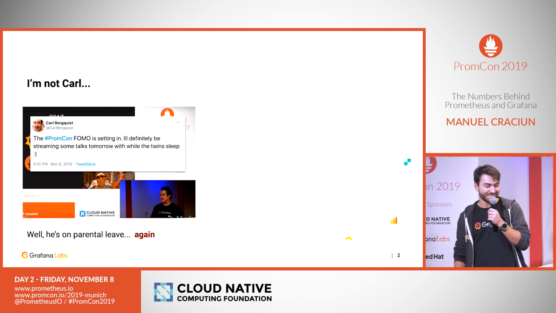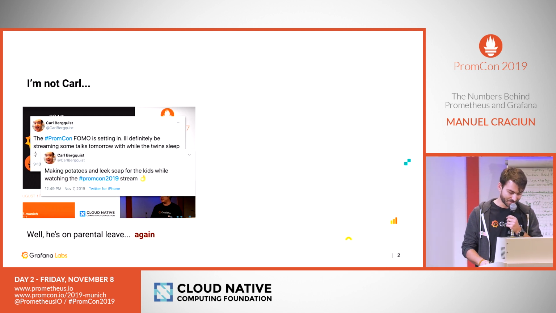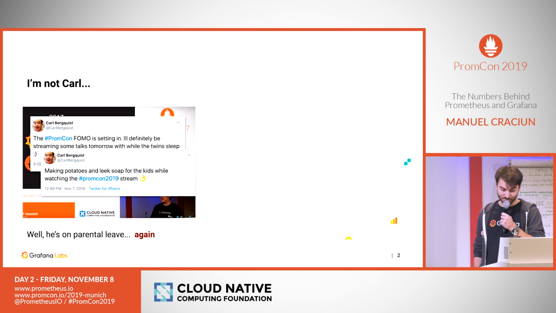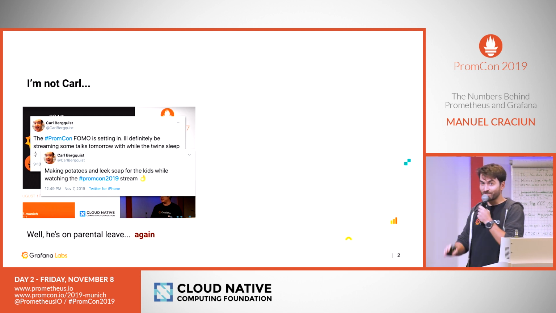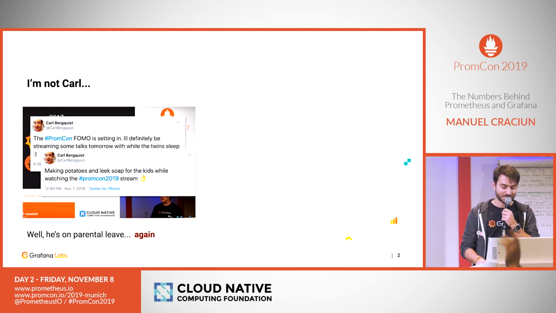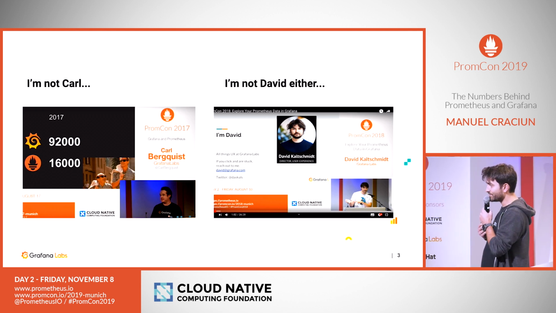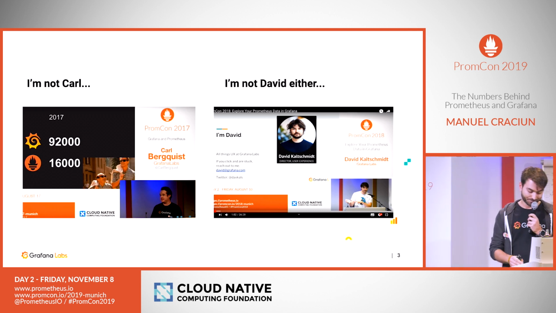He's tweeting about it. He has this FOMO of missing PromCon this year, while at the same time he's doing some soup with the kids. So Carl, say hi. Carl, hope you'll be back next year and not send the sales guy talking about numbers. Last year was David, because Carl was on leave, but David decided to spend some time with his kids as well.